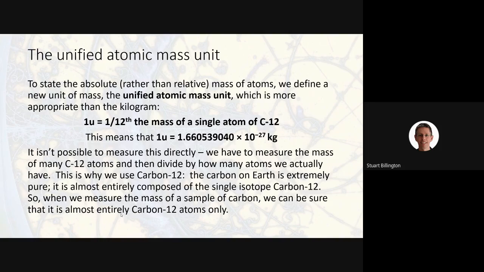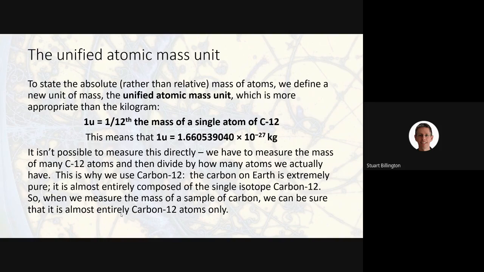Just like we sometimes use electron volts instead of joules because it's a much more appropriate number, we are very regularly going to be using atomic mass units instead of kilograms during this topic. So you need to be comfortable flicking between the two units in the same way that you've become comfortable flicking between electron volts and joules.